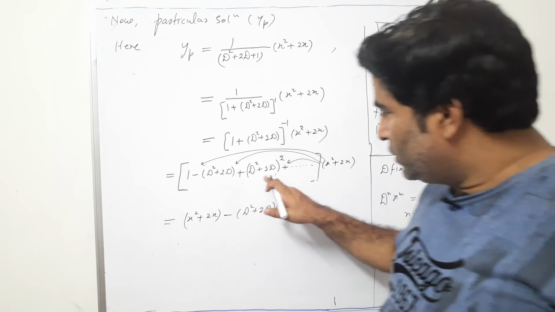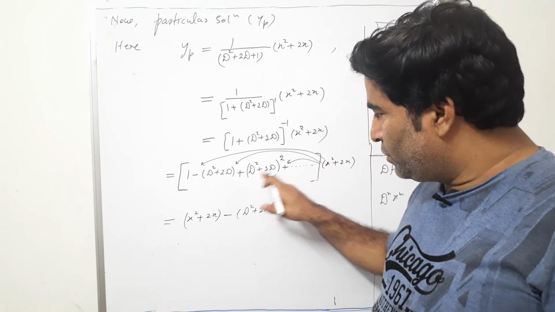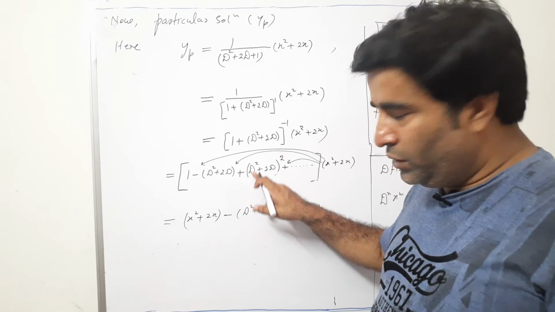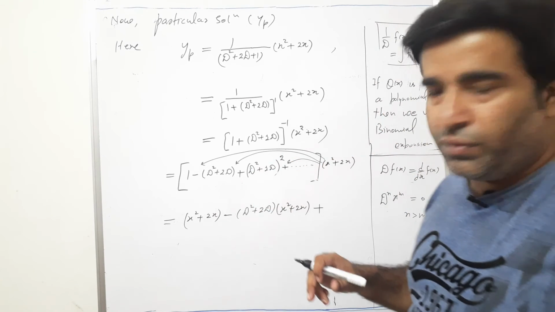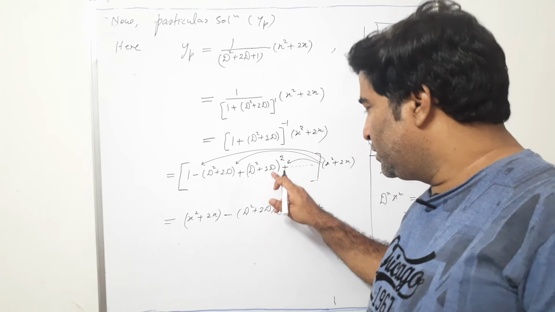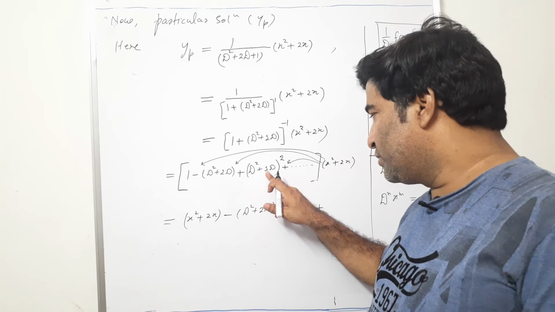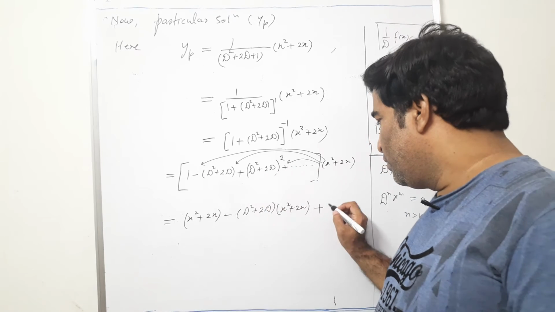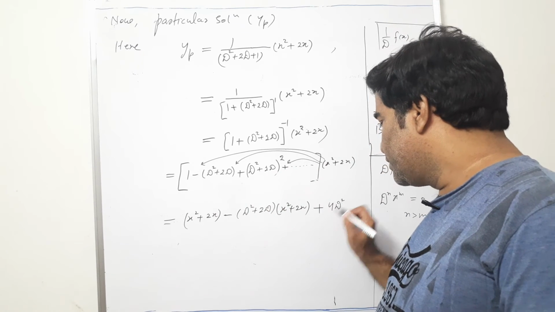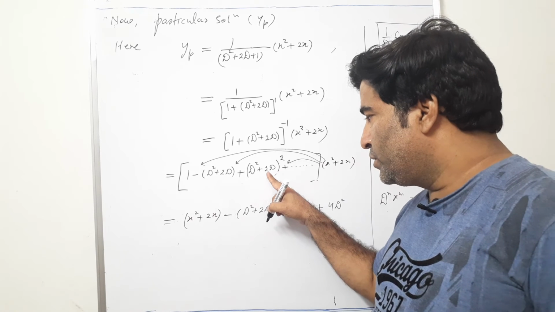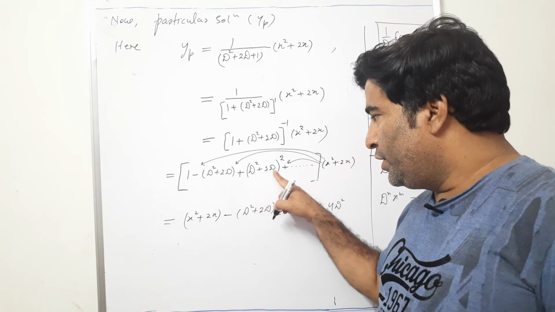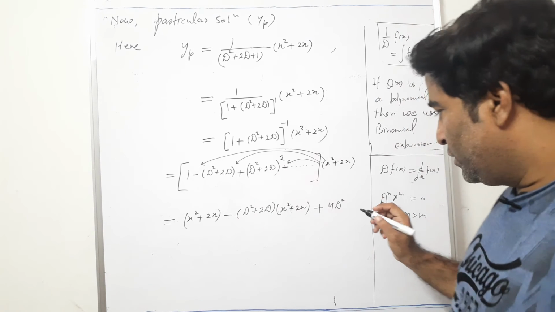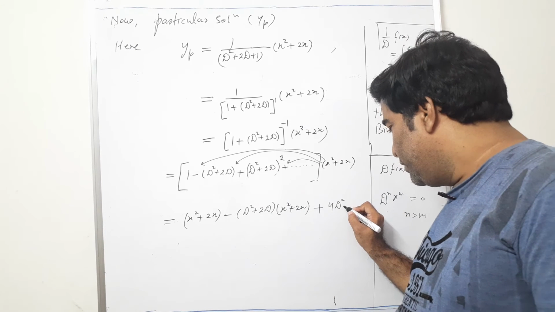Here we have (a plus b) whole square, so D square squared means D to the power 4, so we can leave it, and b square means 4D square, plus 2 times means 4D cube. So we can leave the D cube.